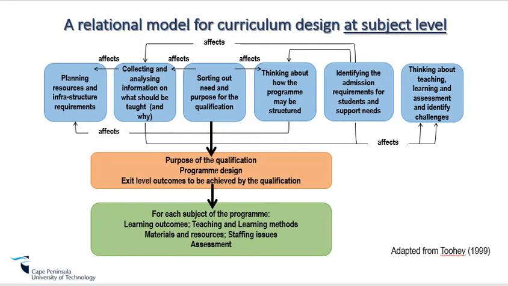So thinking about all the structural considerations you needed to take into effect initially, and then how this feeds into the purpose statement of your qualification, and then your program design, and then today, as I said, exit level outcomes that we're going to be looking at. And we're also going to be looking briefly at the learning outcomes for each subject of the program.